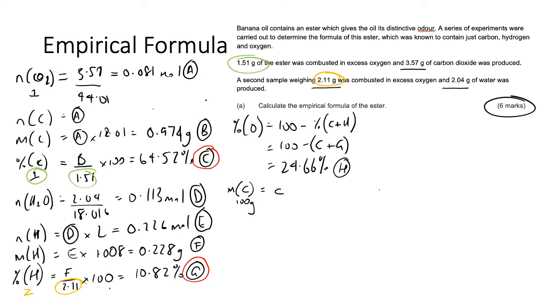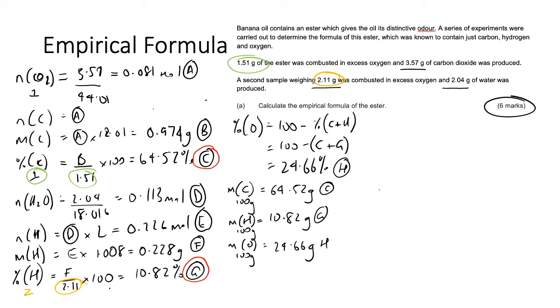I can't just write C, even though that value is saved, because that's a percentage, not a mass. So the mass of carbon in 100 grams is saved as C. The mass of hydrogen in 100 grams is equal to 10.82 grams, that's saved as G. And the mass of oxygen in 100 grams is equal to 24.66 grams, that's saved as H. You have to show this working out, or at least this statement, because if you don't, you're saying that you're taking percentages and turning them into moles suddenly without really showing your chemical understanding. So you have to show that, otherwise you're not going to get marks in the exam.